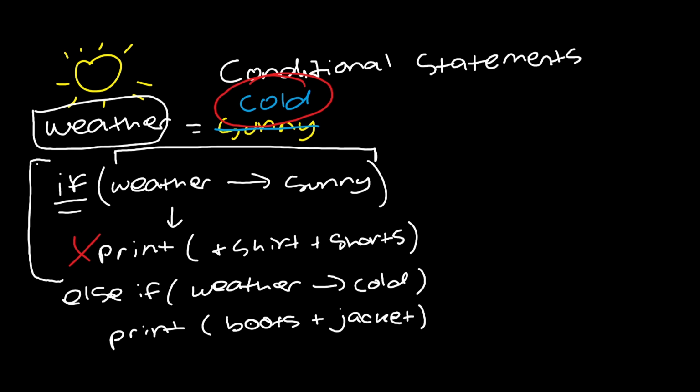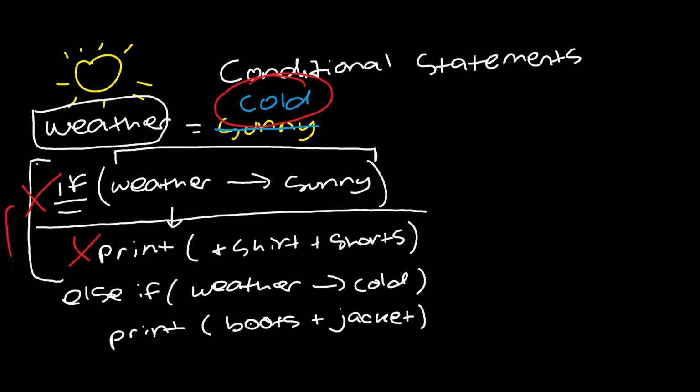Now essentially what we've done here is we've told the computer, okay, first I want you to check if the weather is sunny. If the weather isn't sunny, then use this else if condition. So basically what will happen is the computer will look at this condition first, and it'll see, okay, well, this isn't true.